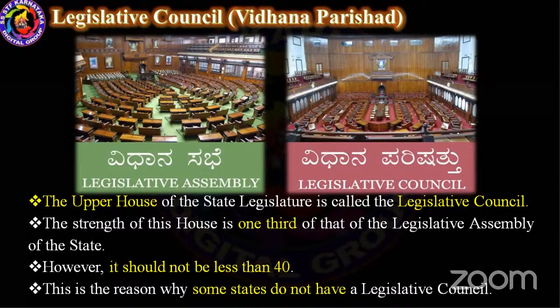The states which have both houses are also called bicameral states. Bicameral means having the legislative assembly as well as the legislative council. If a state has only the legislative assembly, it is called unicameral.